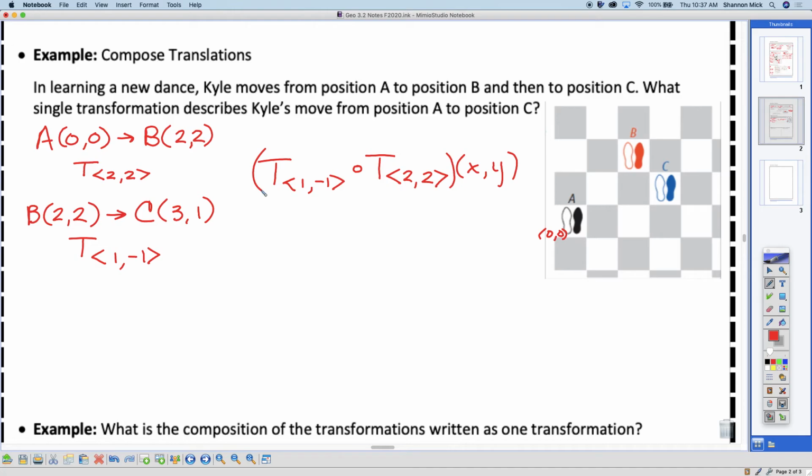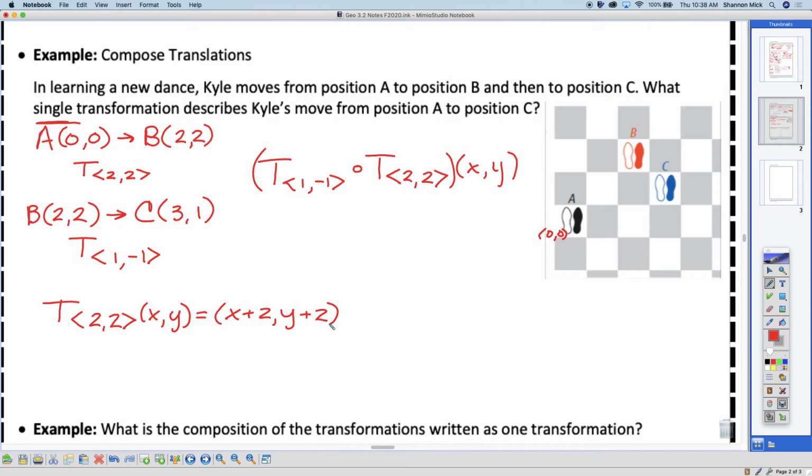Now it says we want to write it as how many transformations? A single one, right? So I want one single translation. When I did this on x, y, that would mean I would have x plus 2, comma, y plus 2, wouldn't it? Because I have 2, 2.